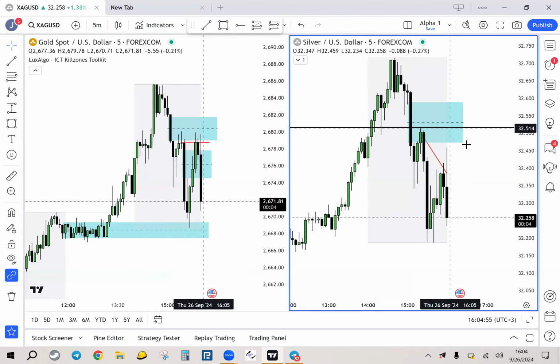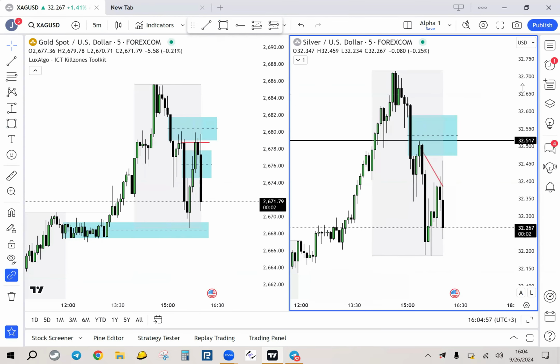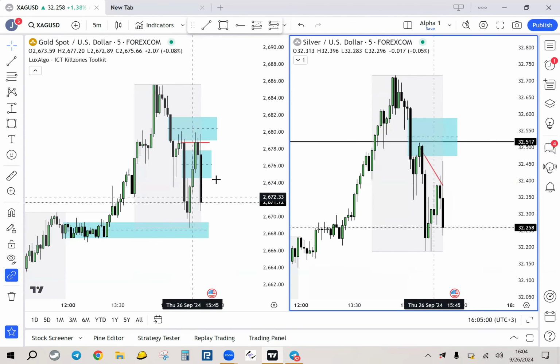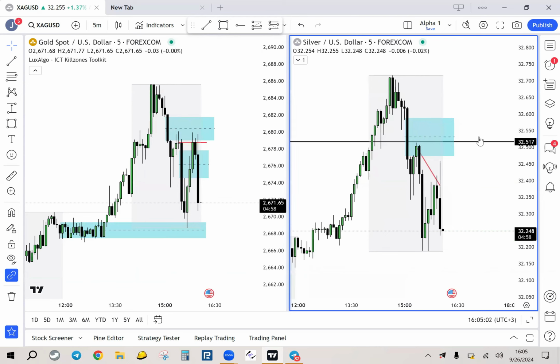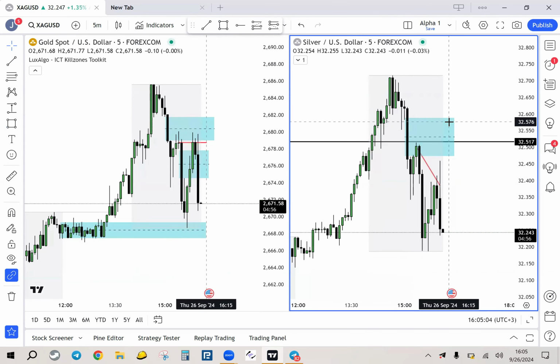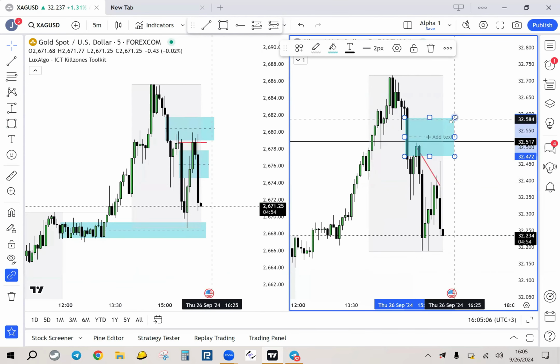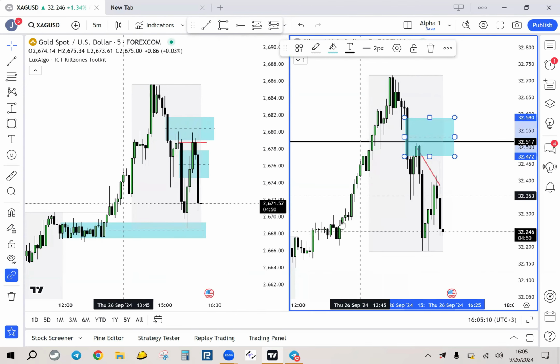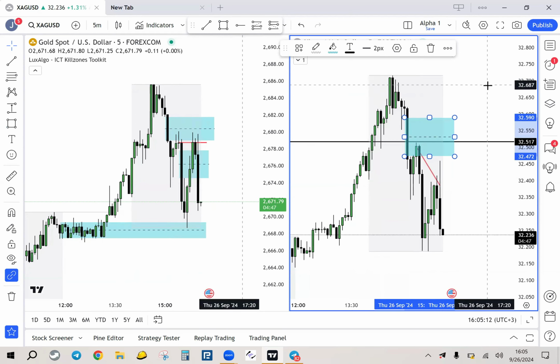Now, we don't have an SMT here, or we didn't have an SMT before we had this one that I marked with red, right? So when this fair value gap formed, we didn't have an SMT yet. However, what we did have was silver going above an old high, where we know that it finds what? Buy side. So now we want to wait and see, how is it going to use that buy side?